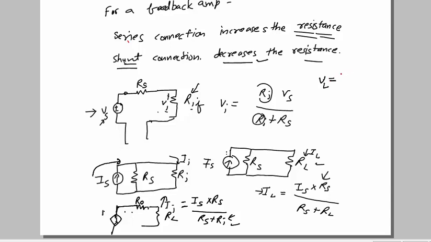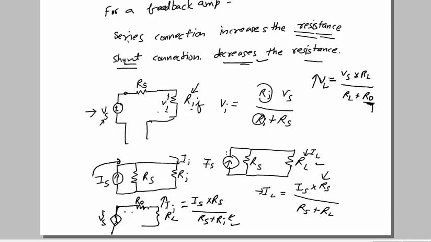It equals VS into RL divided by RL plus R naught here. Now what is the shunt connection doing? It is decreasing the resistance. So this R naught will be decreased, and it means VL will be increased. That's why I have repeatedly told that it's a desirable result. So this was the summary.